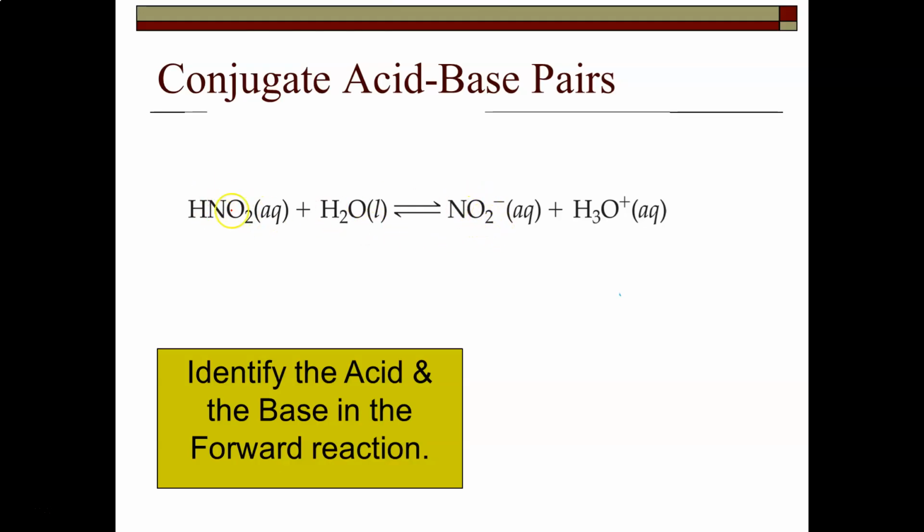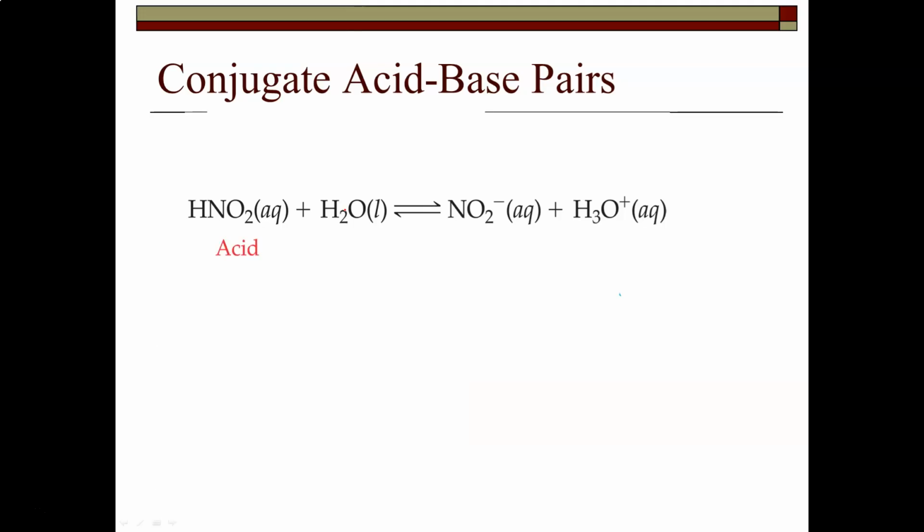So that means that HNO2 lost that hydrogen. Well, where did it go? It donated it to H2O because now we've created H3O plus. So HNO2 is our proton donor. H2O is our proton acceptor. That right there defines the acid and base for us.